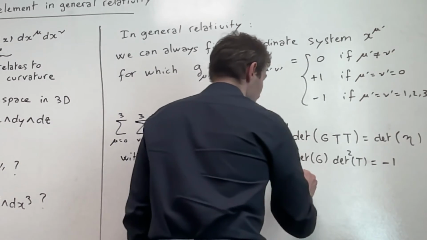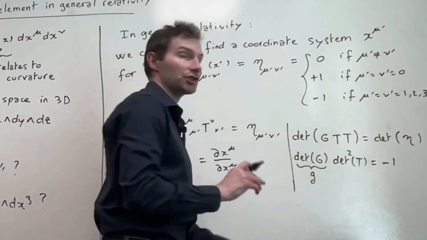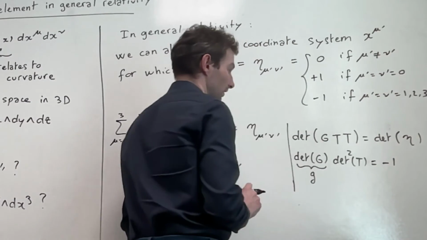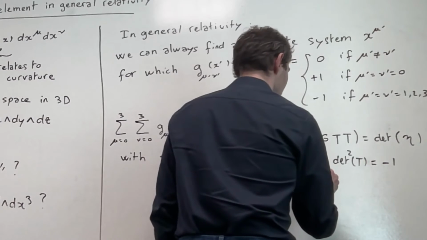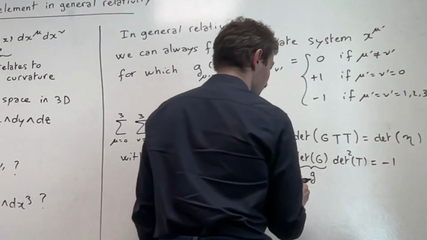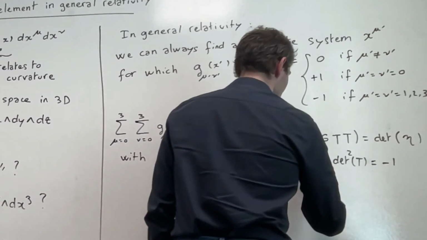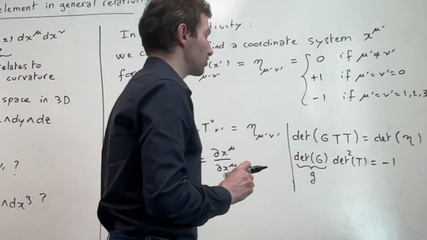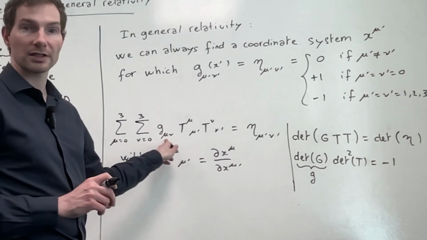So usually at that stage, what people do is that they define this thing as being lowercase g. That's how they call that. Sometimes maybe you can put a double bar around it, but let's call that lowercase g, the determinant of the actual matrix here.